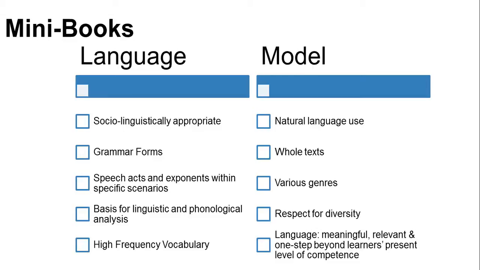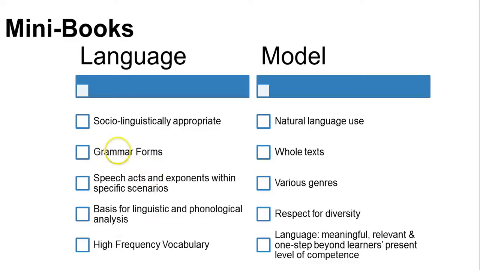The mini books can do a lot of things that will work with the goals and outcomes for each unit. The language that is shown in the mini books can be sociolinguistically appropriate. It can contain the language forms that will be used as a unit of study.